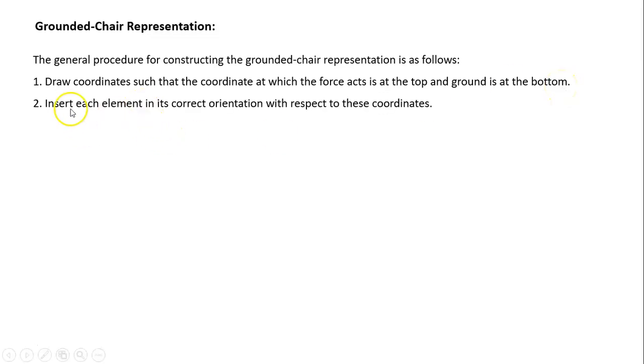Second, insert each element in its correct orientation with respect to these coordinates. Therefore, these are two rules we have to apply while drawing grounded chair representation. We will see an example, then you will understand.